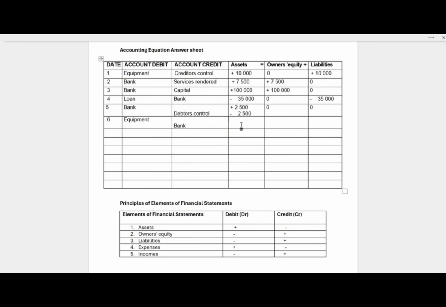So now when we record, remember, it's 15,800, so it's gonna be plus 15,800, right? And then also minus 15,800, and there's no owner's equity affected, there's no liability affected. This is how you record, right? So let's go to the next transaction. I hope you guys understand.